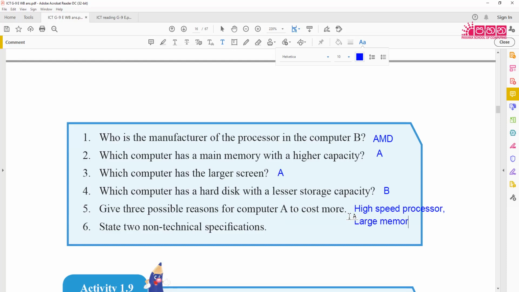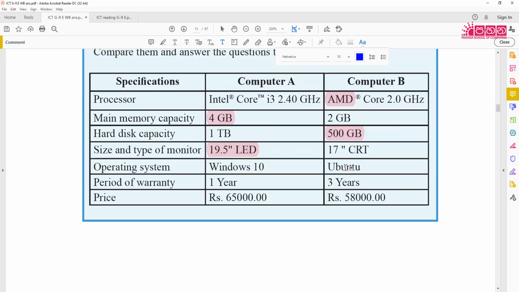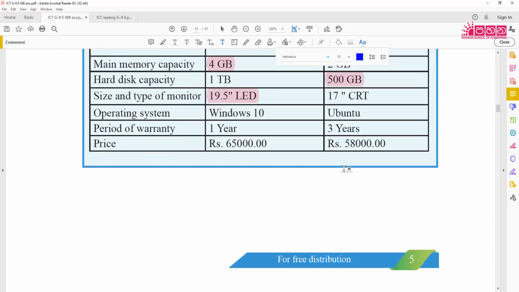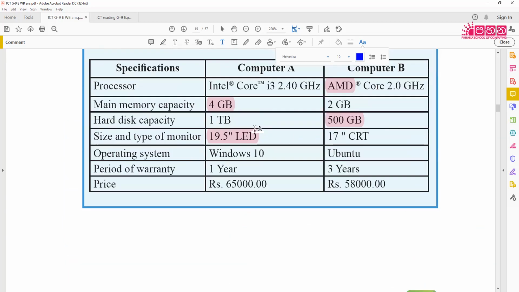Large memory. Yes, you have a large memory capacity. High disk capacity. You can have high disk capacity. That's also another thing.